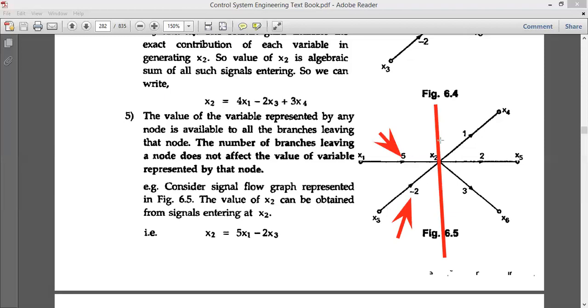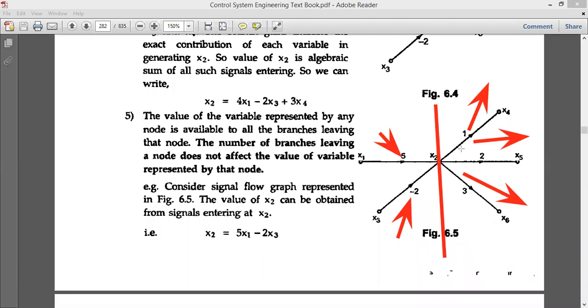I cannot write these equations for x4, x5 and x6. Why? Because the arrow marks are leaving the node x2. So we cannot consider these points for finding the equation. Always remember, the property of signal flow graph is you need to consider only those nodes which are entering towards the node, not leaving the node.